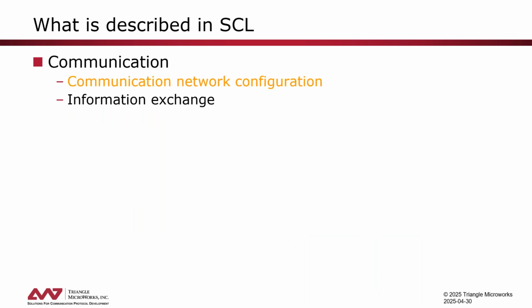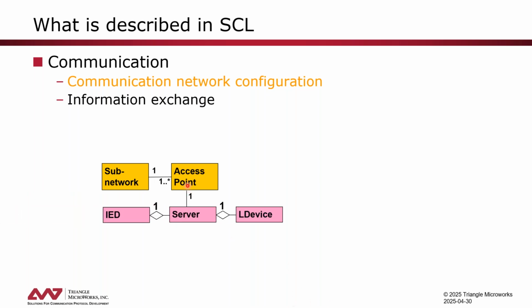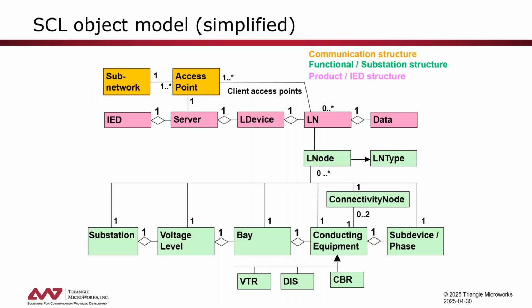And then we also have a part that describes the communication network. We can have multiple subnetworks. We have access points, and associated to the access points, we have our servers in the IEDs. So this slide gives us the full simplified model described in SCL. And as I said, we will focus basically on this part today.